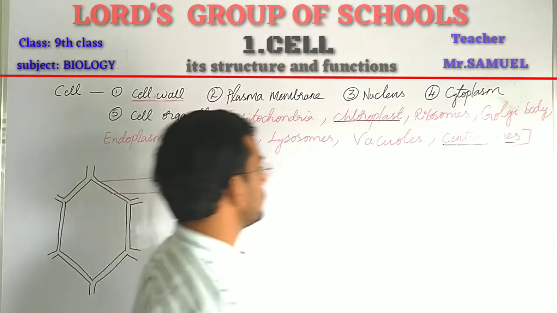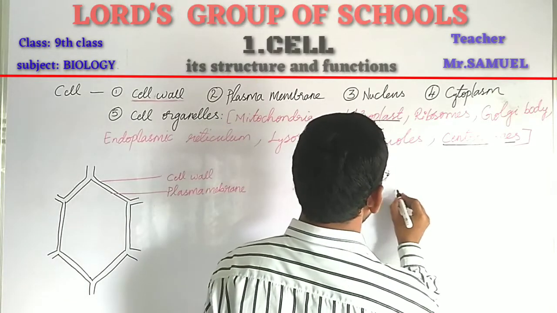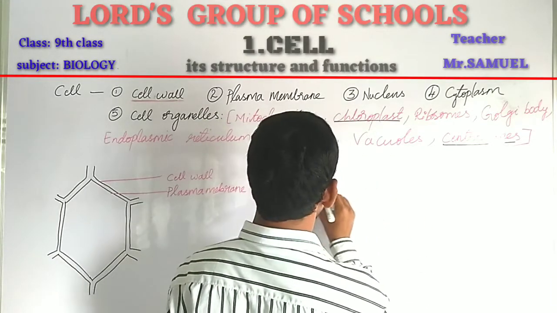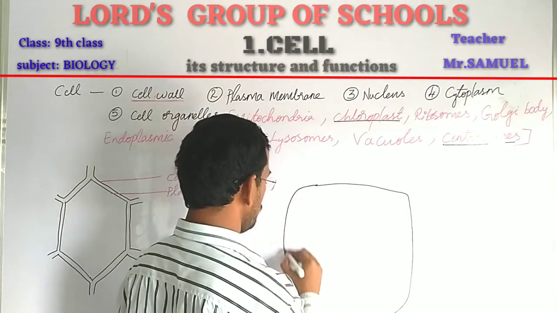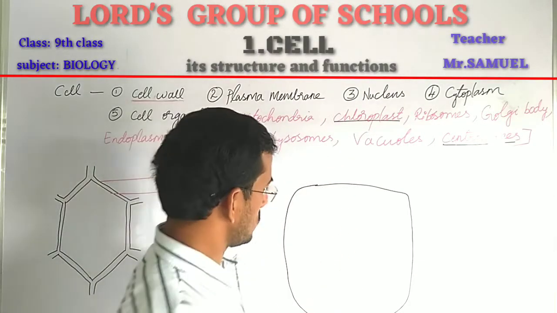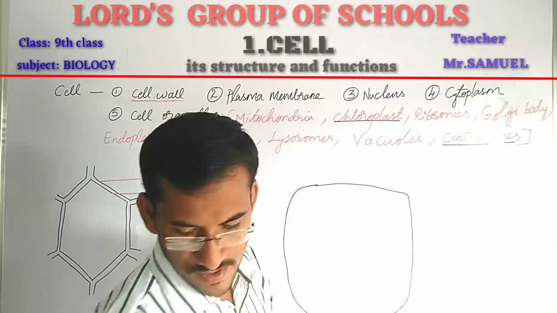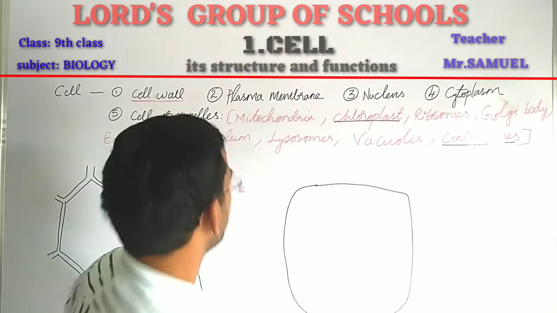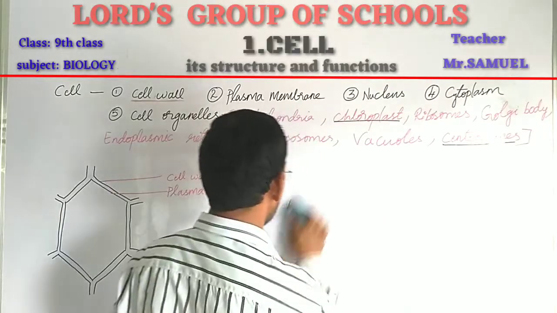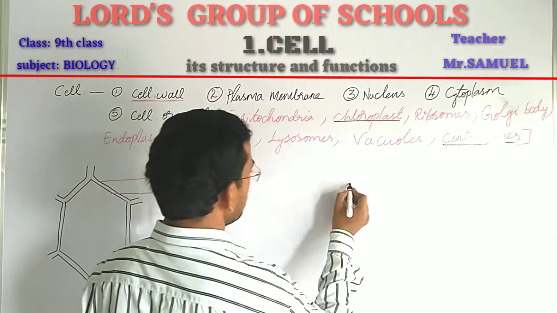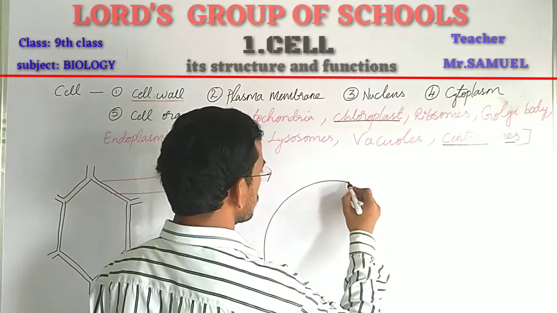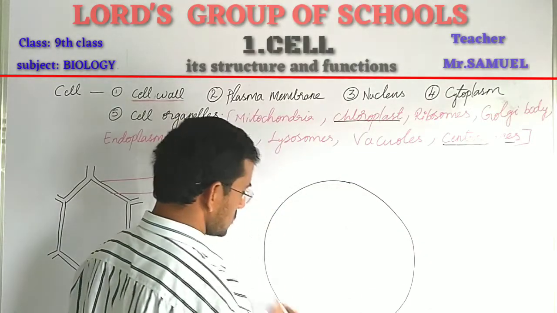Let us draw here an animal cell. Mostly animal cells are circular round structures.